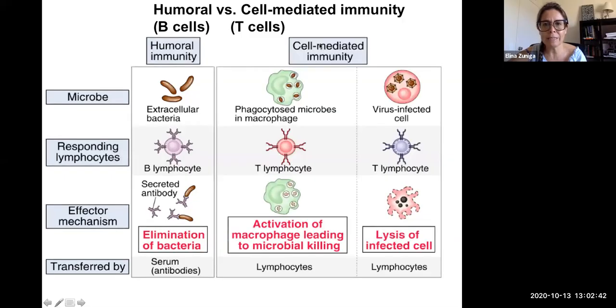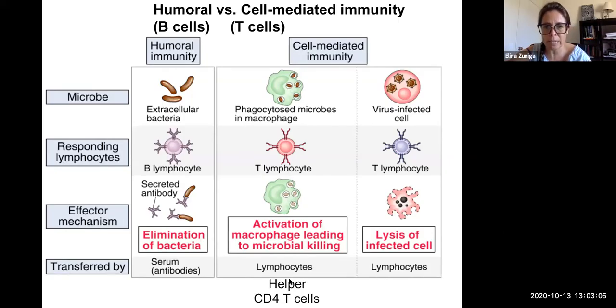And so what about the T cells? It's also called cell-mediated immunity. And here we have an example for CD4 helper T cells, which are a subtype of T cells.